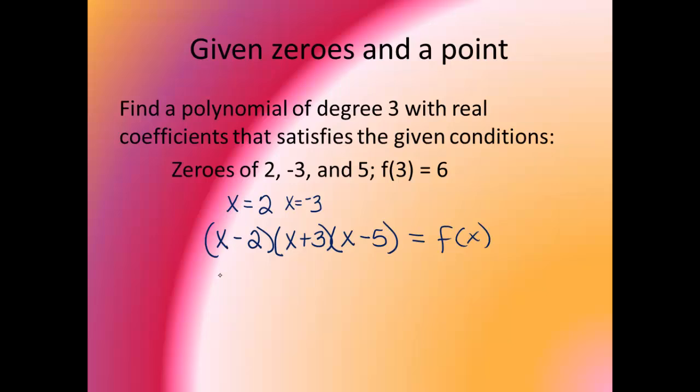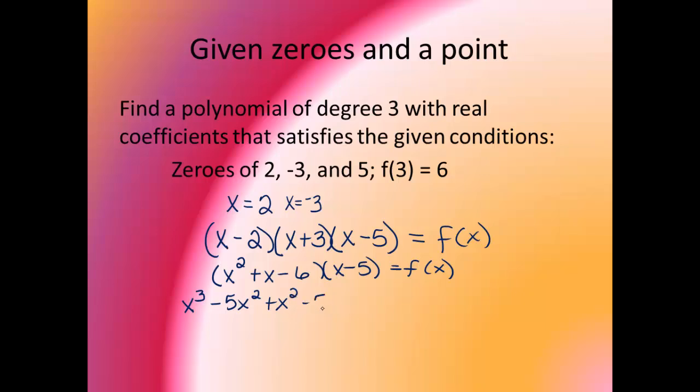Now I can start distributing this, and if I take the first two, I get x squared plus x minus 6 times the x minus 5. And if I distribute this, I get x cubed minus 5x squared plus x squared minus 5x minus 6x plus 30.